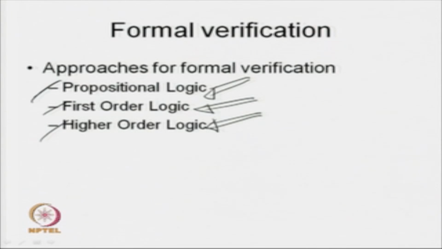So, the expressive power is more. Since we are having more expressive power, the logic becomes more complex, and reasoning on this logic becomes more complex. So, if we need more expressive power, then we have to go for a complex logic, and our design and logical inference will be a complex one.